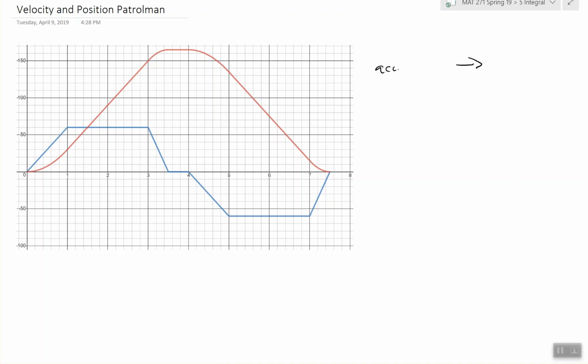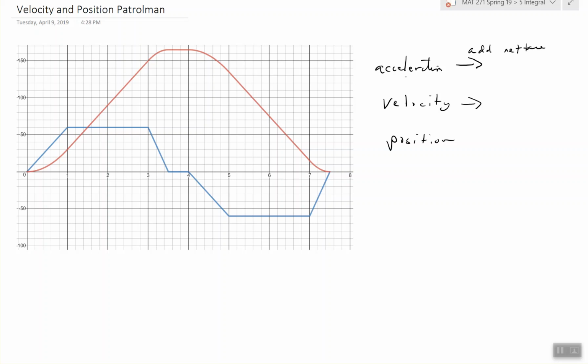We've gone from acceleration to velocity, and from velocity now to position, by doing what? By adding area under the curve. Here I'll just say add net area.